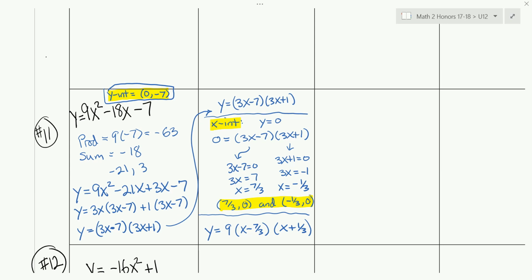So if I give you any two numbers, how do you find the middle of those two numbers? Not multiply them together. Add them together. Yeah, it's called averaging, right? So if we average our x-intercepts, we find the x value of our vertex.